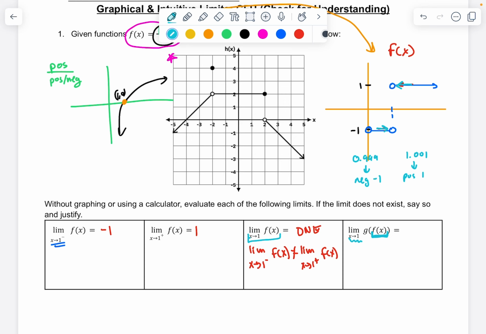Okay, so as x is getting close to 1, f of x is getting close to two different things, +1 and -1. However, as we put those into the g function, as we get really close to +1 from above, our output is getting really close to 2. It is just 2, it's constant. As we get really close to 1 from the left, from below, we're just at -1. And our output, as we get really close to -1, is, well, 2.